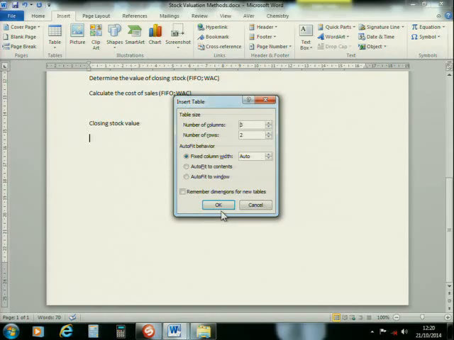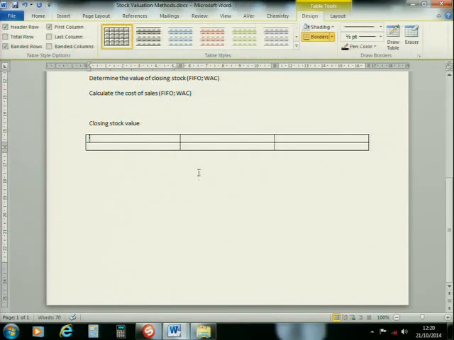Here we'll have units of stock remaining, of closing stock. Then we'll have your FIFO here, your first in, and we've got the weighted average cost.